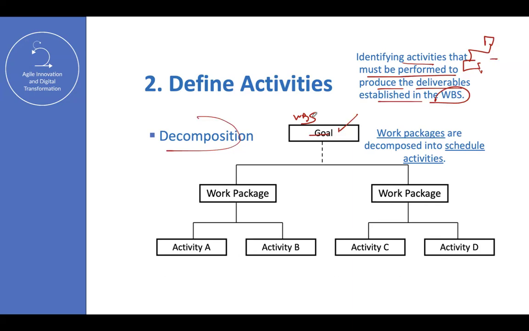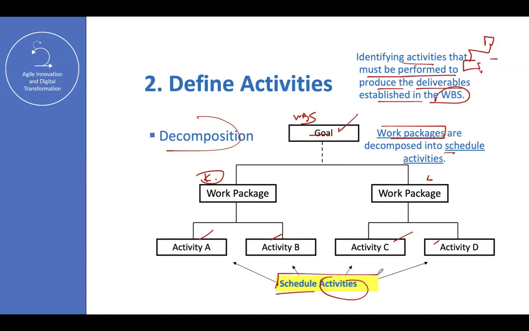Decomposition: you decompose the house into work packages, which are decomposed into activities. So now this is the kitchen, this is the living room. And in order to create the kitchen, I need to perform activity A and activity B. In order to create the living room, I need to execute activity C and activity D. And I have a couple of examples coming up. This is just the introduction of defining activities. These are the schedule activities.